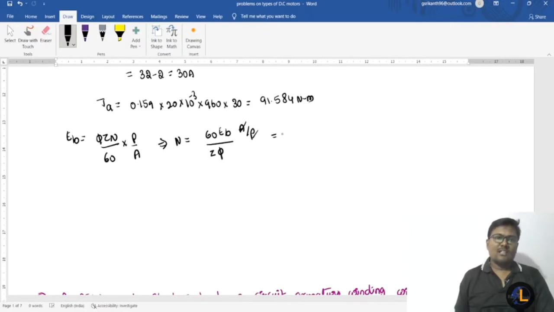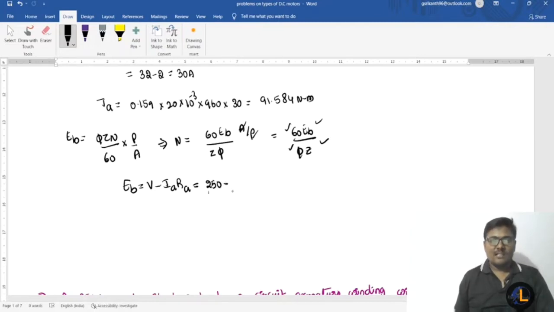How can we calculate 60 EB divided by phi Z? Phi is known, Z is known, 60 is a constant. EB, how can we calculate EB? So EB equal to V minus IA RA. V is 250 minus IA, what is IA? It is 30 into armature resistance 0.1. So that is 247 volts.